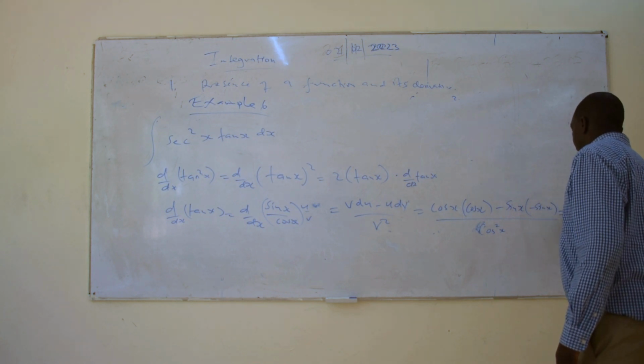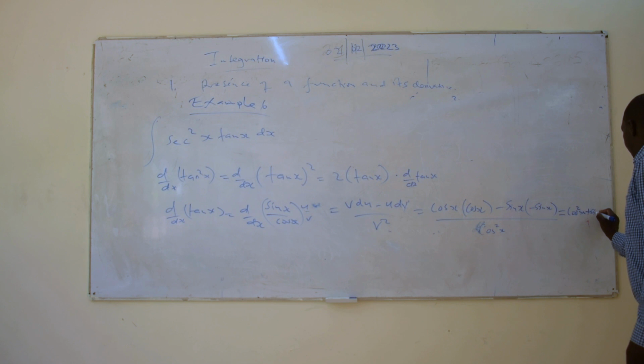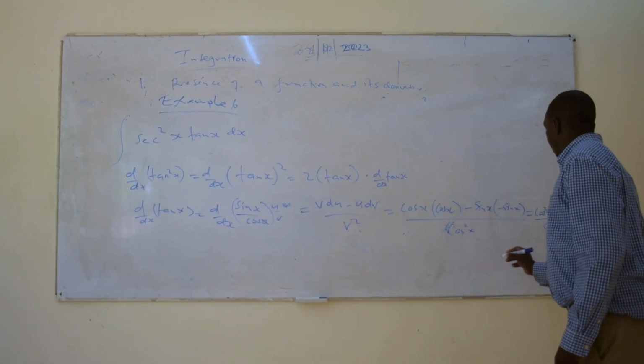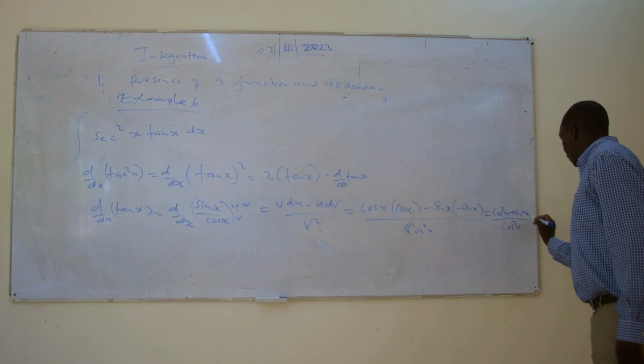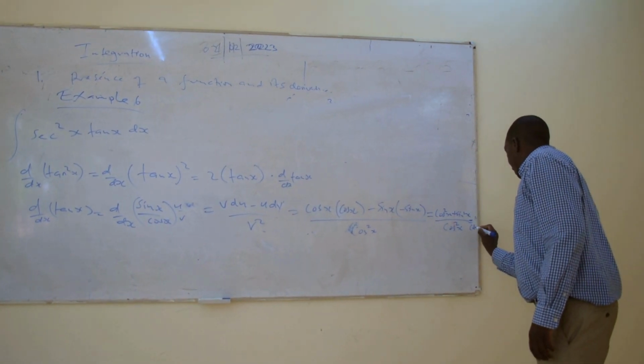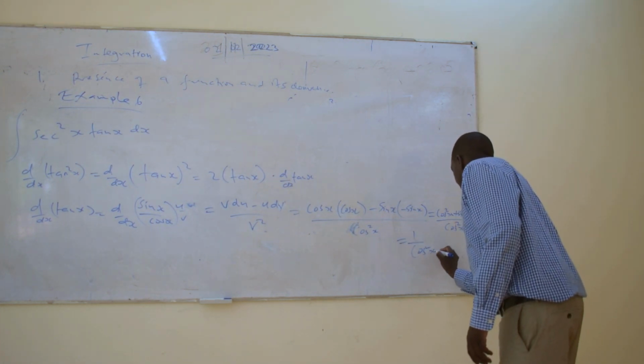Now this is the same as cos squared x plus sin squared x over cos squared x. The numerator gives us 1, since cos squared x plus sin squared x is equal to 1, over cos squared x.